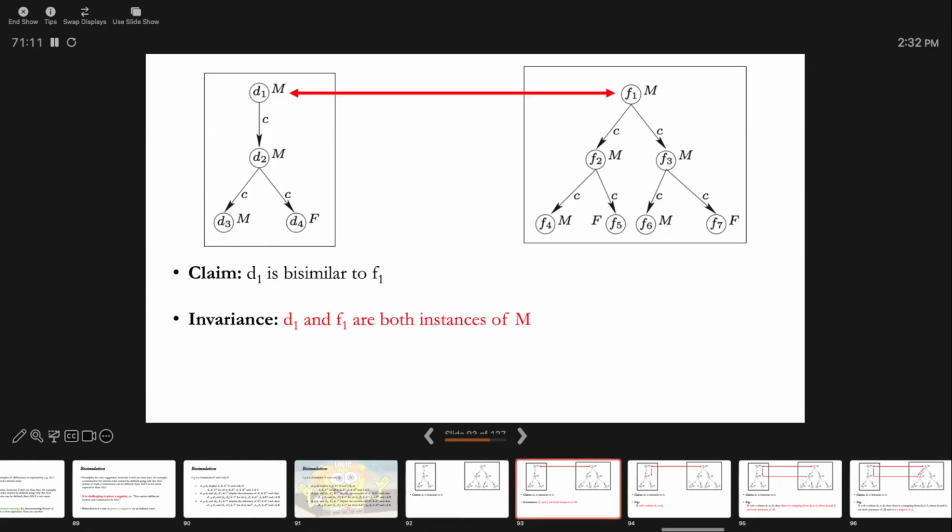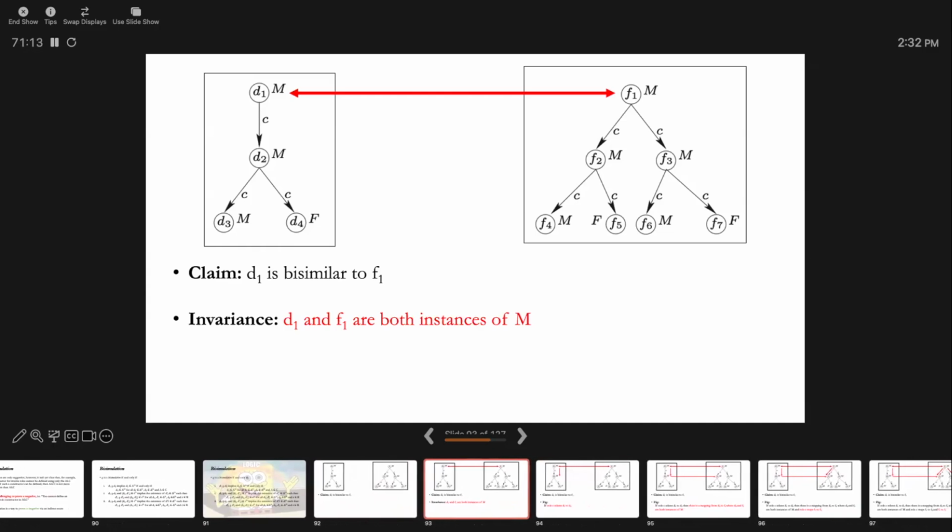The first step in proving bisimilarity is the invariant step. First, you check to see whether the things you're testing for bisimilarity are of the same type. You can think of it very much like these are instances of a class, and they're both instances of M, and that is true.